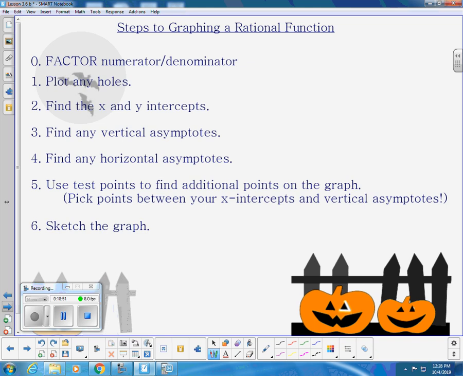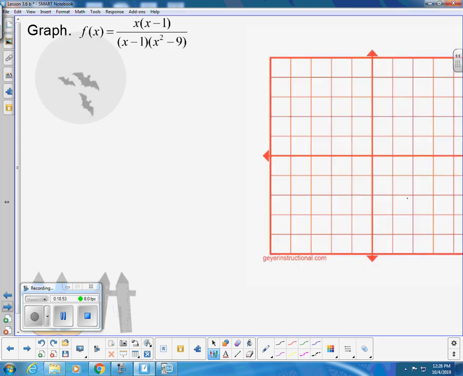So let's look. This is already factored for us. What do you notice? It will reduce to x over x squared minus 9, because my x minus 1 is going to cancel, which means what? We have a hole. x equals 1 is going to give us a hole. And where is that hole going to be?